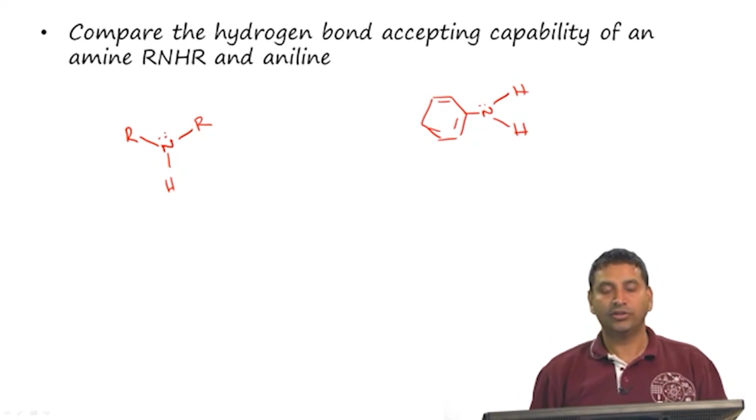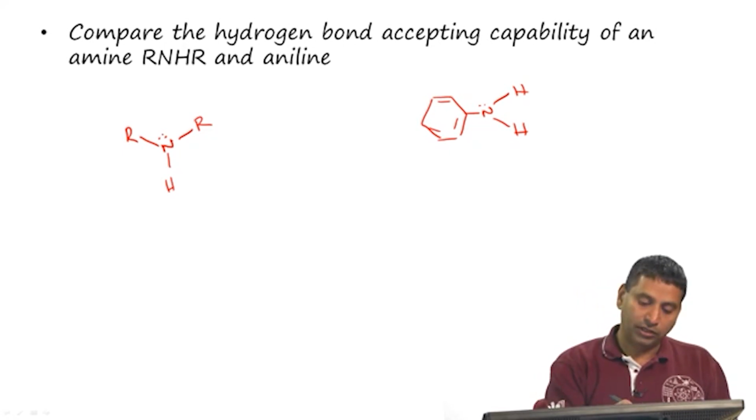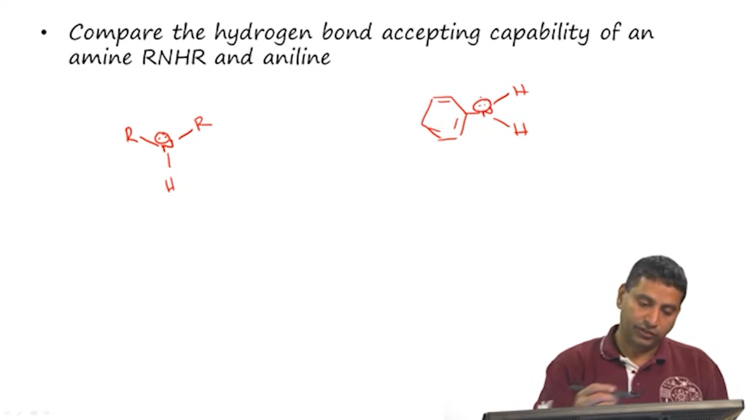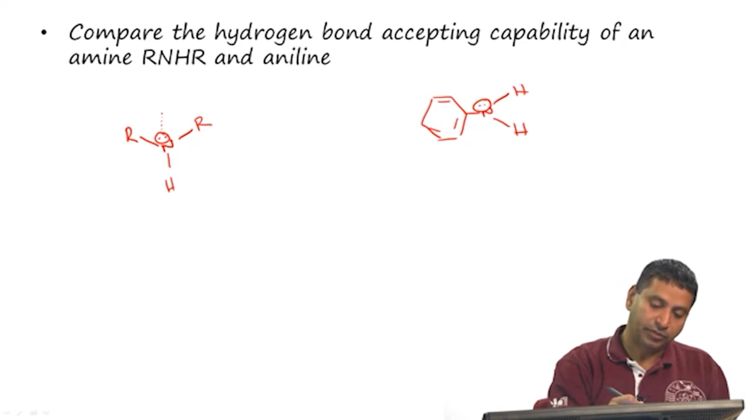And the question is about how well it accepts a hydrogen bond. So, this lone pair becomes important for us to understand, right, and this is the lone pair that is going to interact with a hydrogen bond, let us say with water.